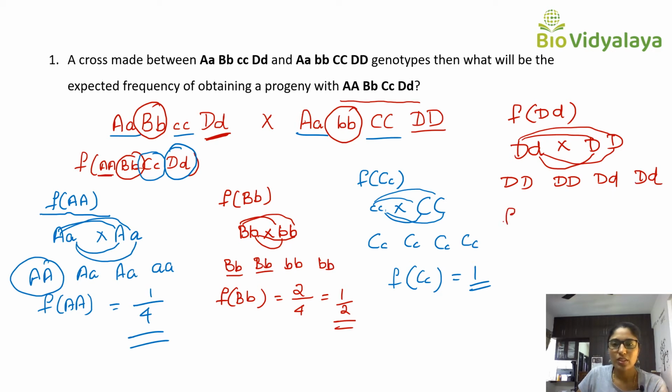So what is the frequency of getting capital D, small d? Here the frequency is 2 by 4, which means 1 by 2.